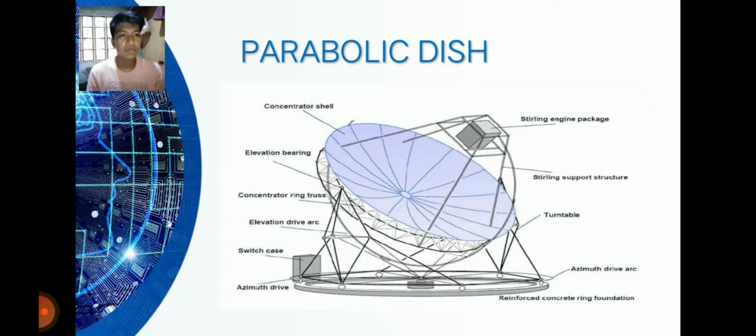And then yung pinakababa, yung pinaka-stand niya, reinforced concrete ring foundation. Then elevation bearing and concrete ring truss and elevation drive arc. Yan nga.